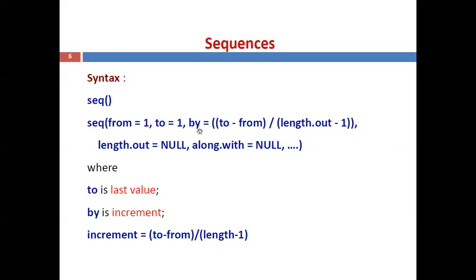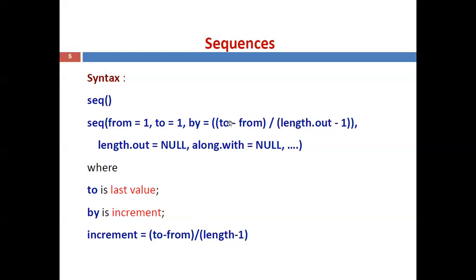The by value can be calculated using this formula: to minus from, divided by length.out minus 1. Another parameter is length.out equal to NULL. Then another parameter along.with equal to NULL, etc. There are various parameters. Mainly we will consider from, to, and by, these three arguments, where to is the last value or end value and by is the increment value.